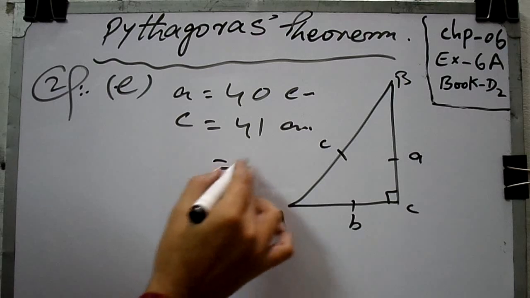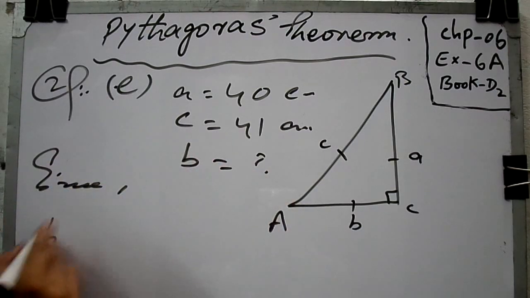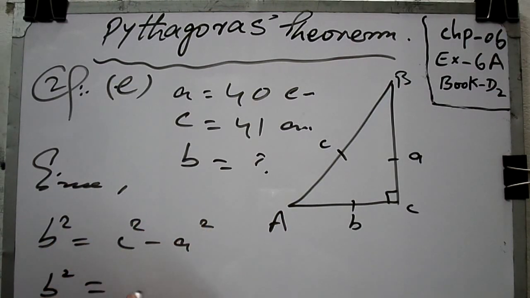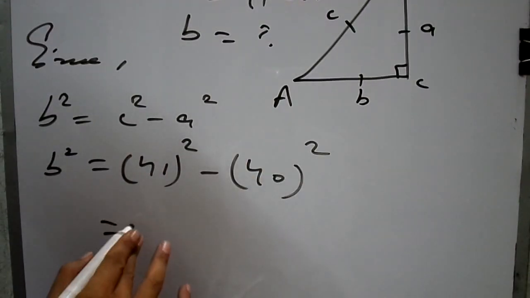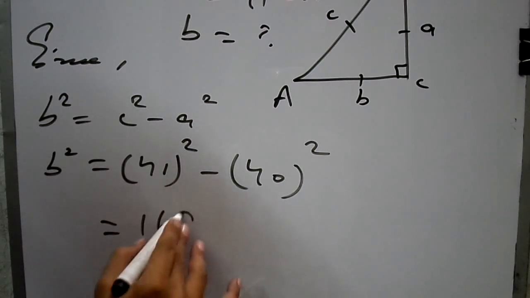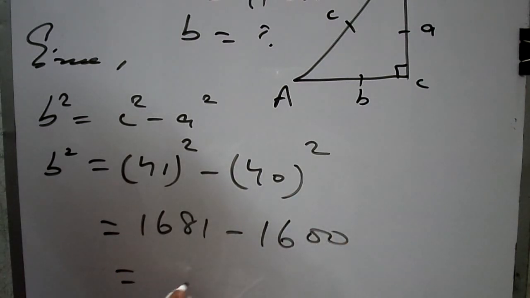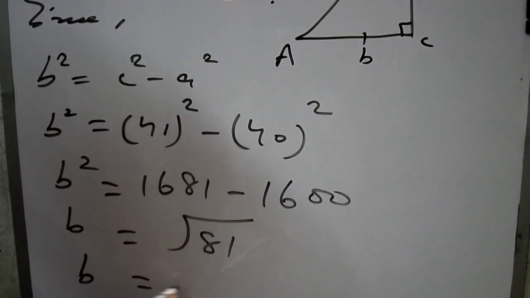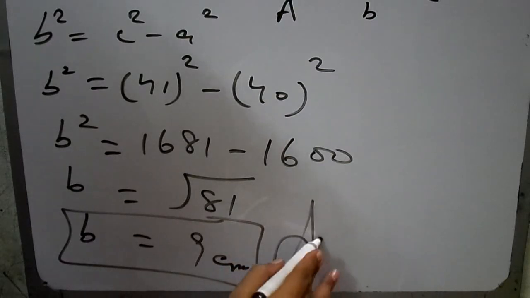We need the value of B. Since by Pythagoras theorem, value of B square is equal to C square minus A square, putting the values, 41 square minus 40 square. So after simplification you will get 1681 and 1600, so subtract it, you will get 81. So that is your B square. So the value of B is 9.